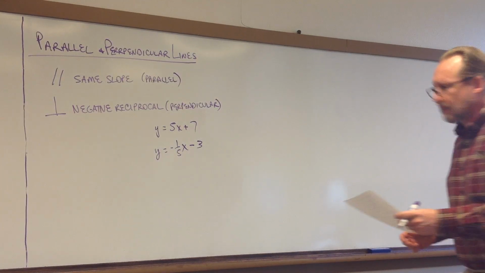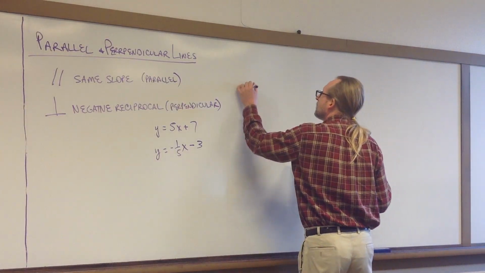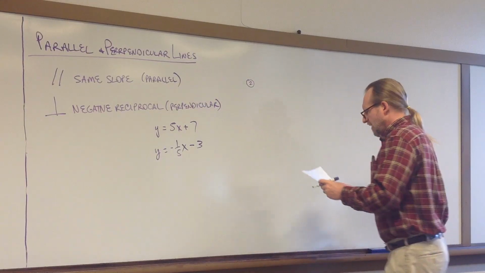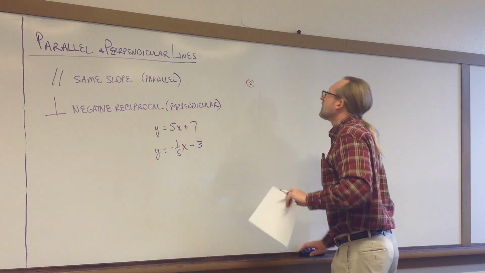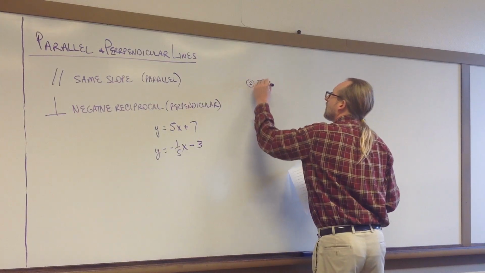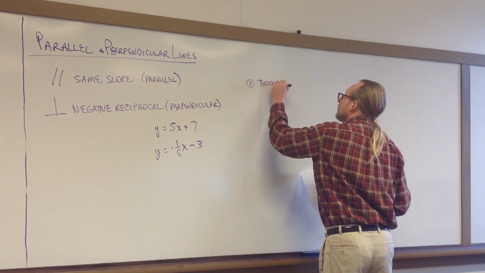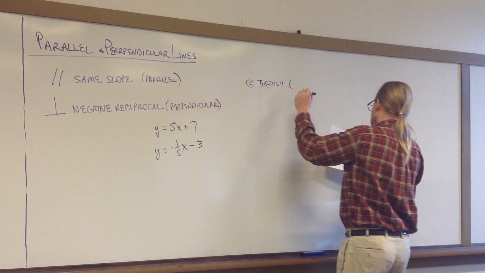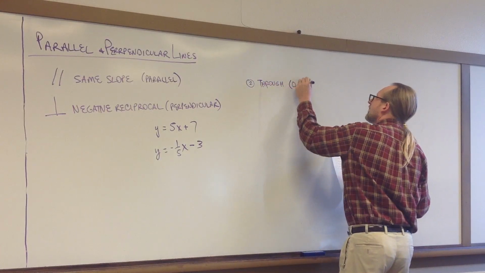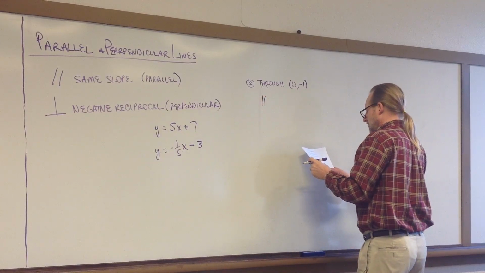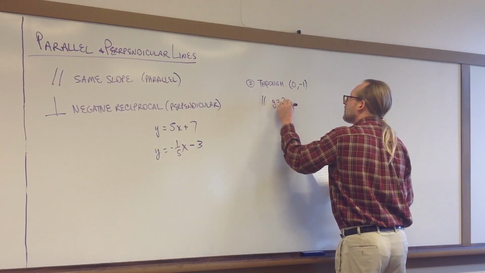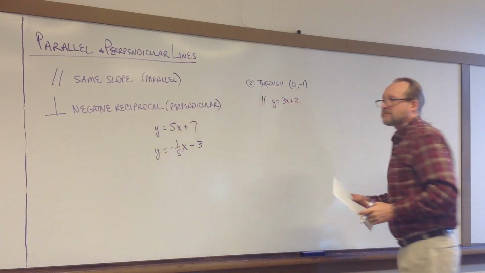Well, let's look at some examples. Problem 2, we want a line that passes through the point (0, -1) and is parallel to y equals 3x plus 2.